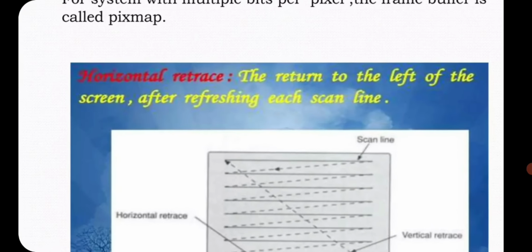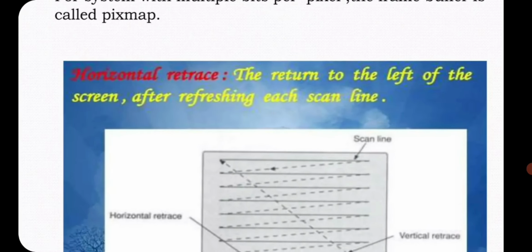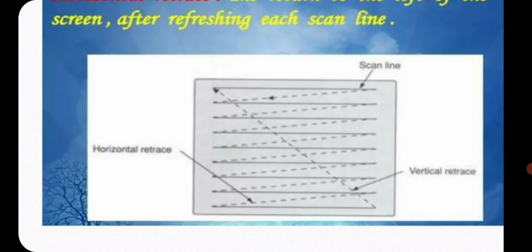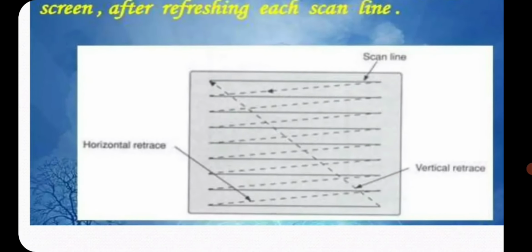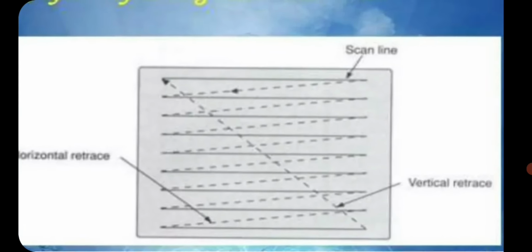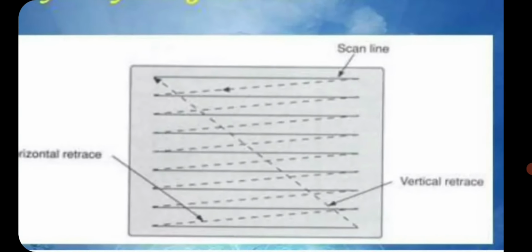And the return to the left of the screen after refreshing each scan line is the horizontal retrace. So that means the lines are drawn. You can see in the picture we have the scan lines, all the lines over here, and here we have the horizontal retrace, and this is the vertical retrace. The horizontal retrace is going row by row through all the lines.